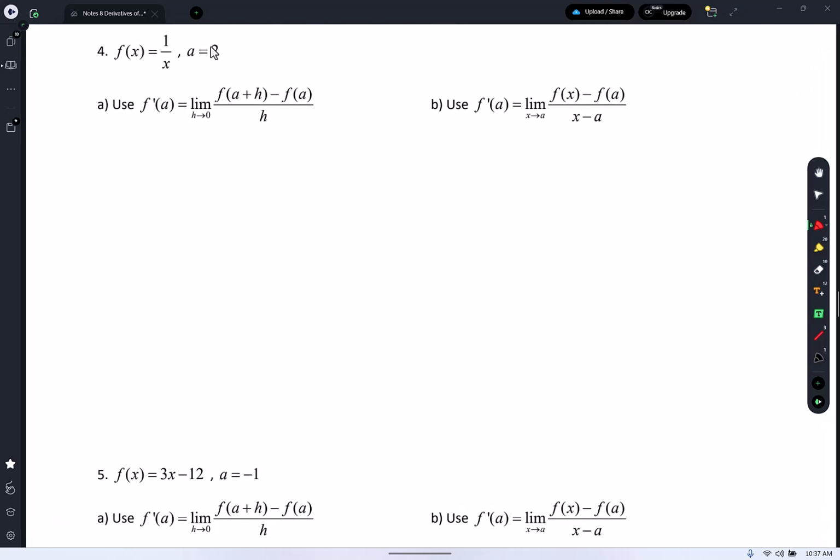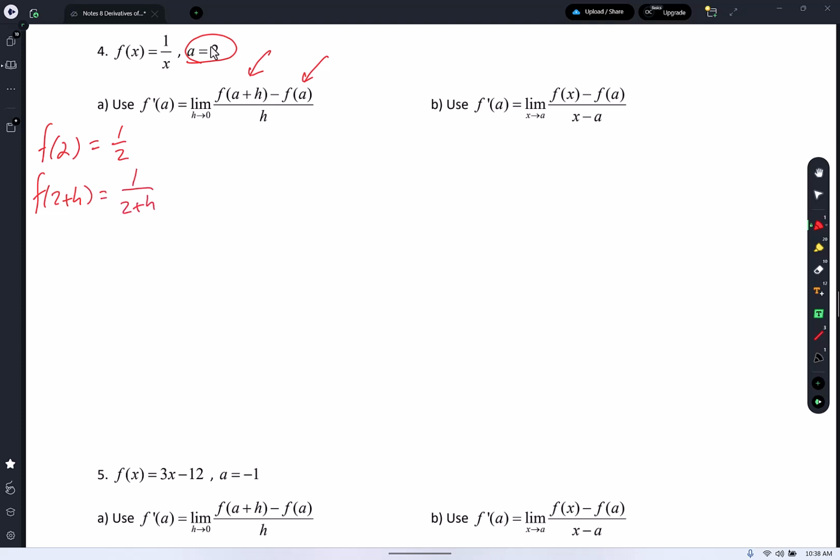All right. Here we go, guys. a equals 2. Notice this says f of a plus h. They want me to use both formulas. It's okay. It's all good. f of a, well, f of 2. f of 2 is equal to 1/2. All I did was plug in a 2 wherever there was an x. Let's see. f of 2 plus h is equal to 1 over 2 plus h.